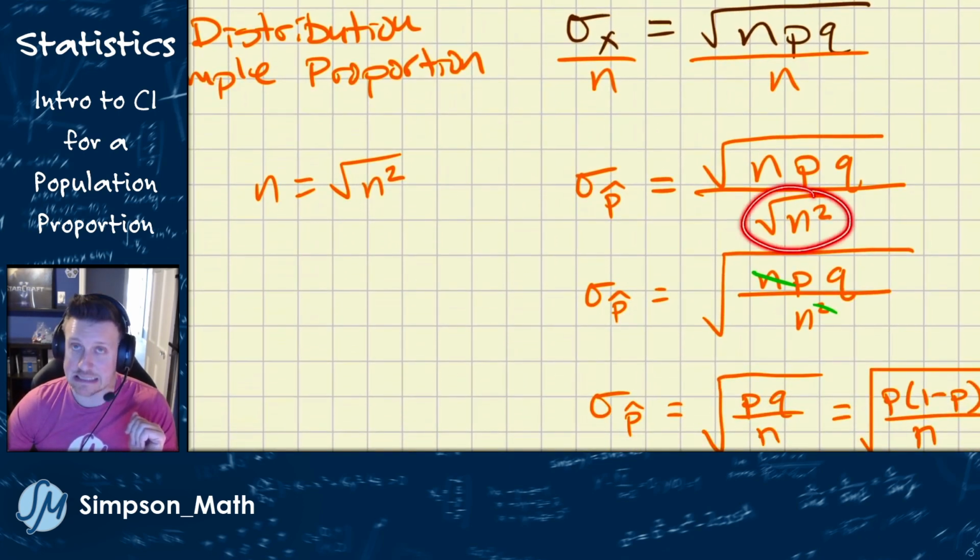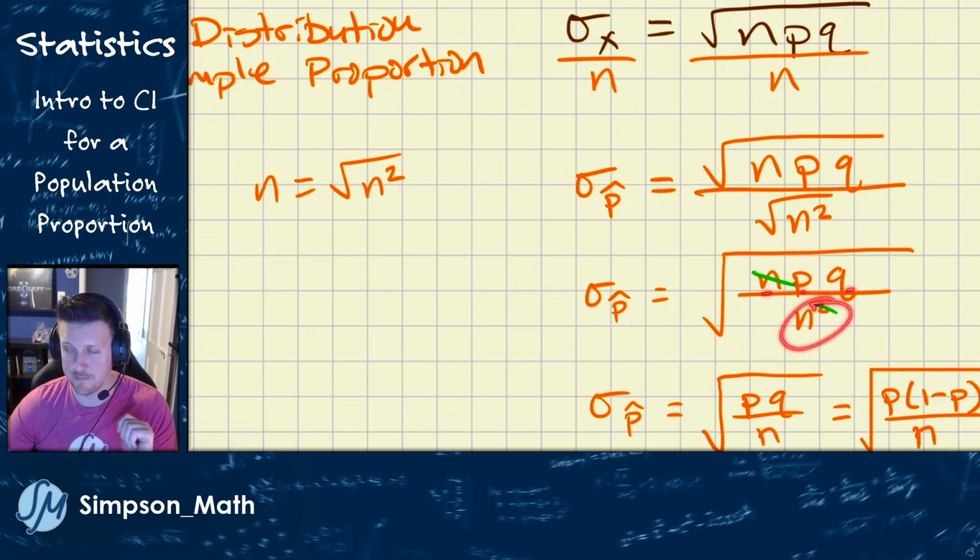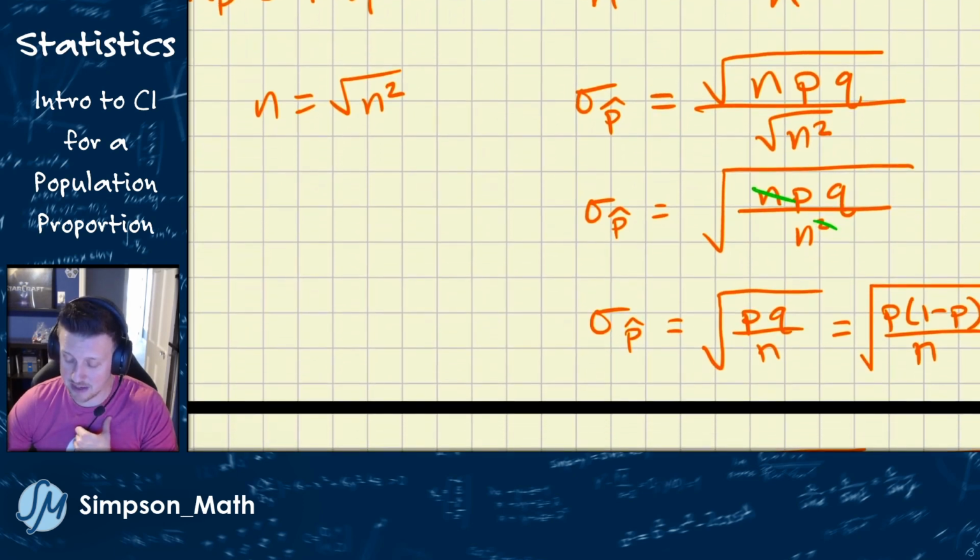So if I replace n with the square root of n squared, we can use our properties of square roots to put this all under one big square root. Now I have npq over n squared. I have an n on top and two n's on the bottom, so I can reduce the n on top with one of the n's on the bottom and be left with just the square root of pq over n.